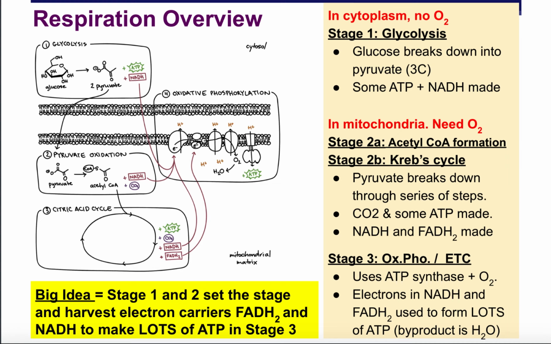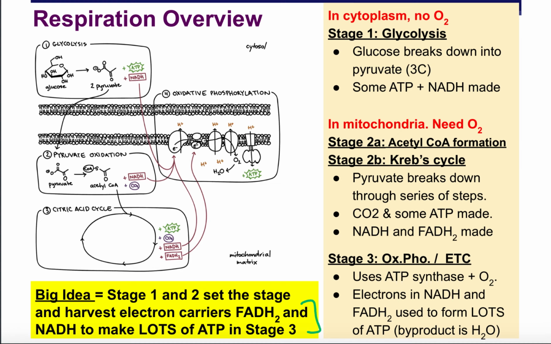Okay, so this is a helpful summary of the 3 stages of respiration, and feel free to freeze the frame here and write everything down. You also have access to the slides. But remember, in stages 1 and 2, the whole idea is you get a little bit of ATP, but you're truly setting the stage for the final stage where you take all those energy carriers and harvest the most ATP.